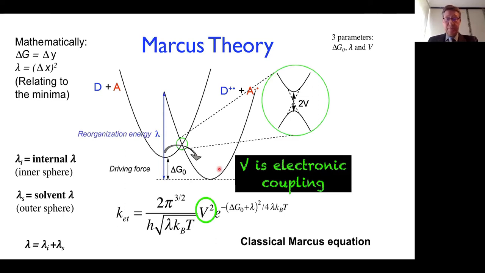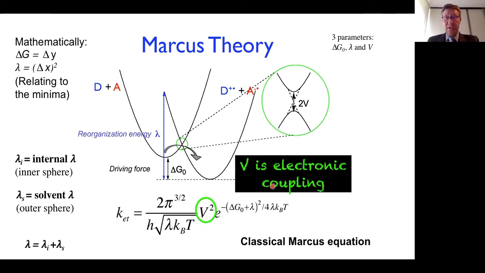The y-axis is energy, the x-axis is nuclear and solvent coordinates. You can also call it a reaction coordinate. So the Marcus equation contains three important parameters: the delta G, so the exergonicity, the driving force, the lambda, the reorganization energy, and the phi. Now the phi, that is the electronic coupling.